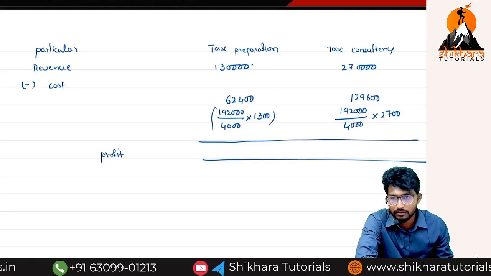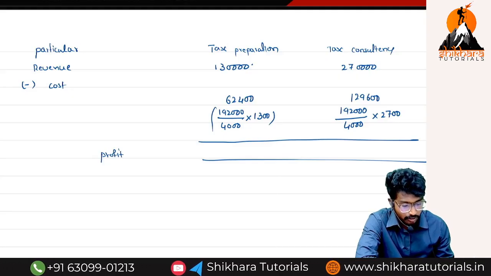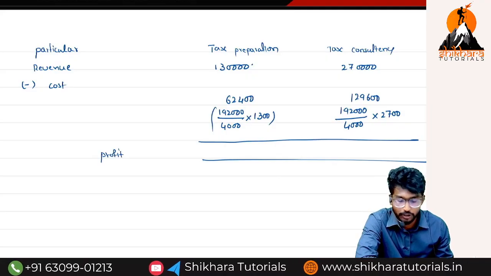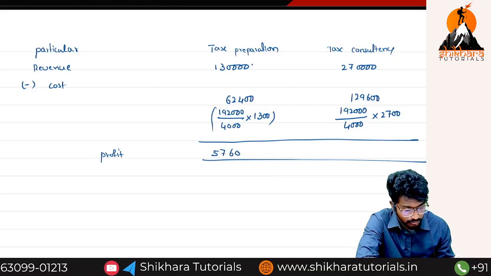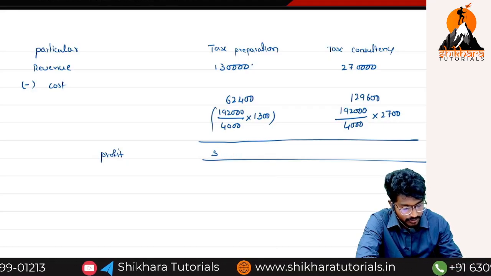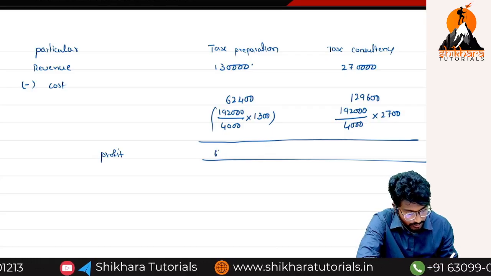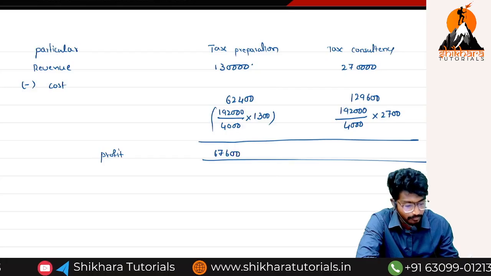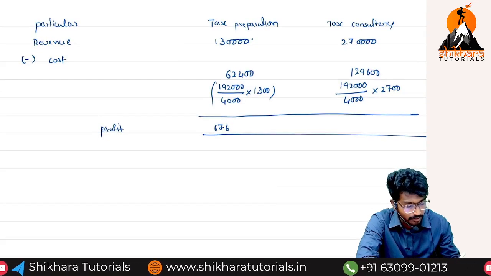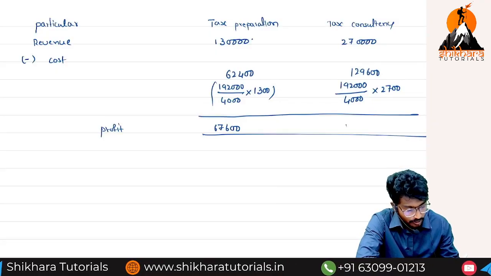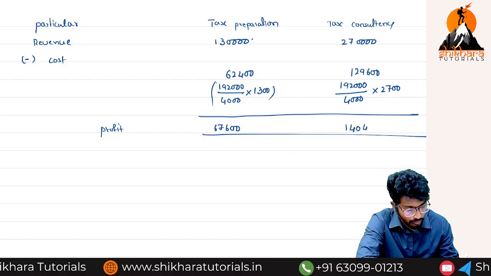What is the profit? 1,30,000 minus 62,400, 67,600. And for consultancy, 1,40,400.